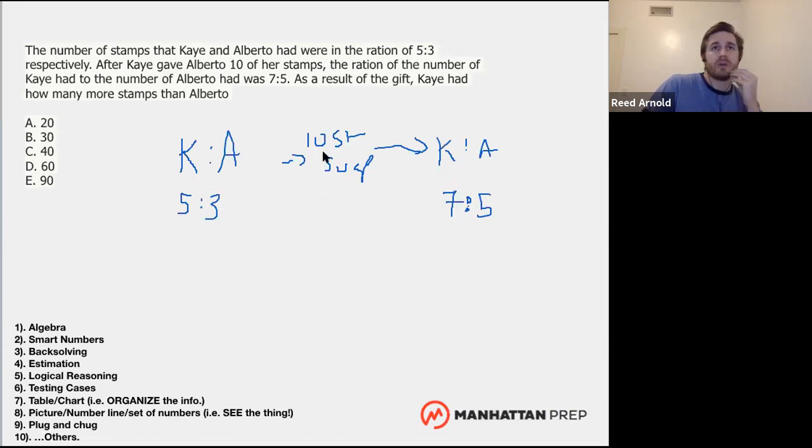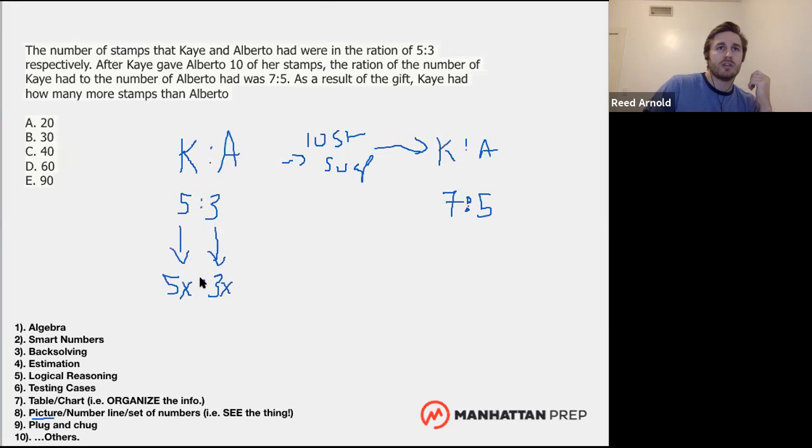And again, this is kind of a picture, I might draw this to really make sure I understand the situation before I start doing the algebra. A lot of times I draw a picture, I make a chart, I make a table, something to help me understand the situation before I try to build an equation from it. And so I know that originally K had 5x stamps and Alberto had 3x stamps.